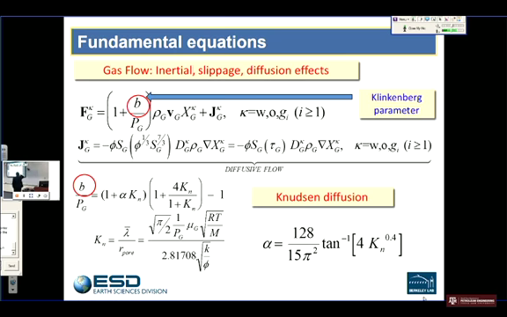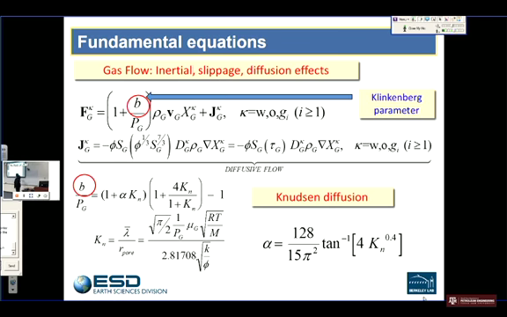Now, the additional thing I want to indicate up there is that this is good and great whenever we're dealing with a single component, okay? Now, what you see over there is that when we have a system which is very, very tight, and so tight that the Brownian motion is affected by the fact that the pore is extremely small, in that case, this Klinkenberg parameter can be obtained from the Knudsen diffusion analysis, and this is the big thing we get from this study.